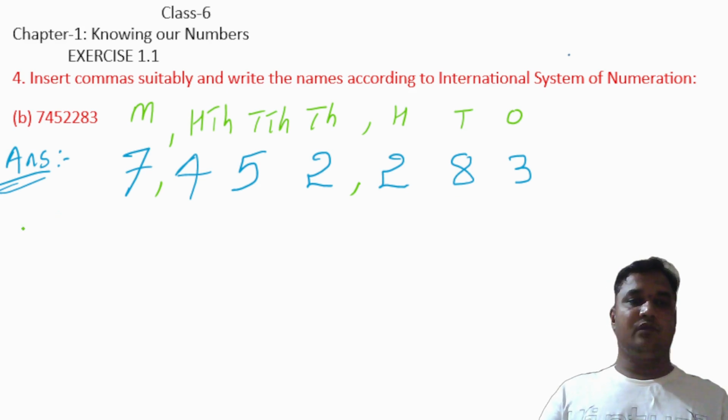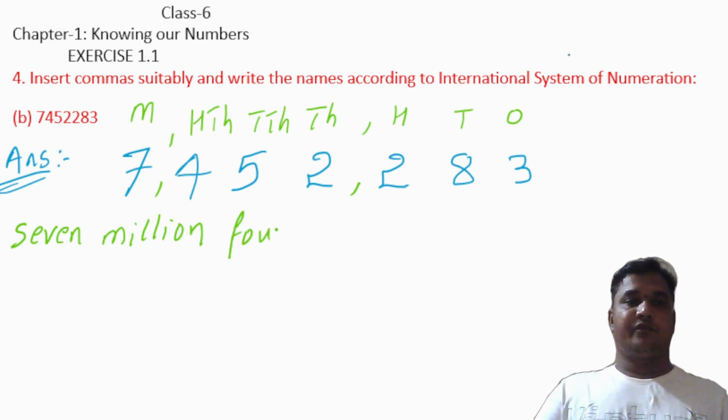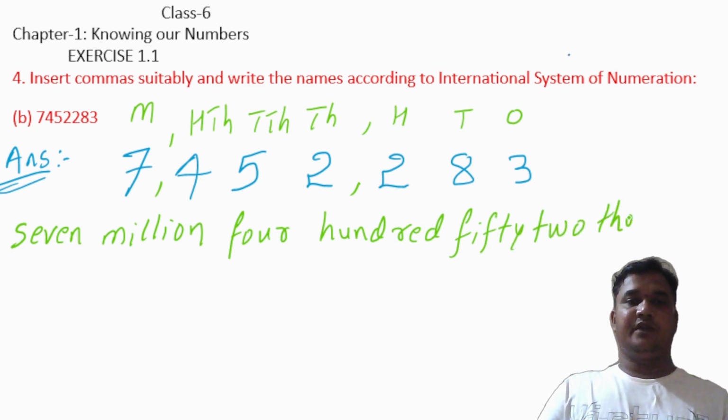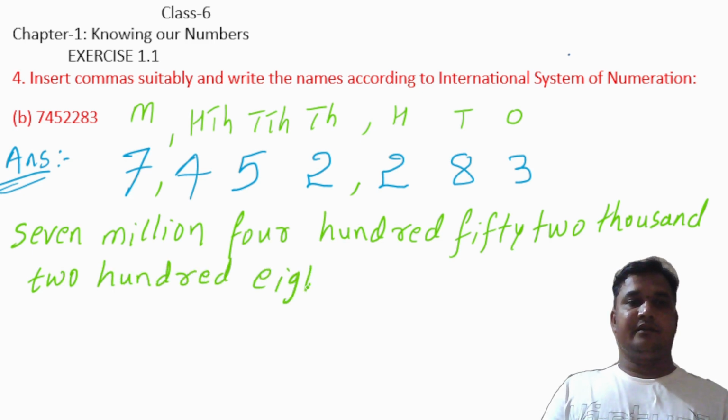So how can we write in words? 7 million, 452,000, 283.